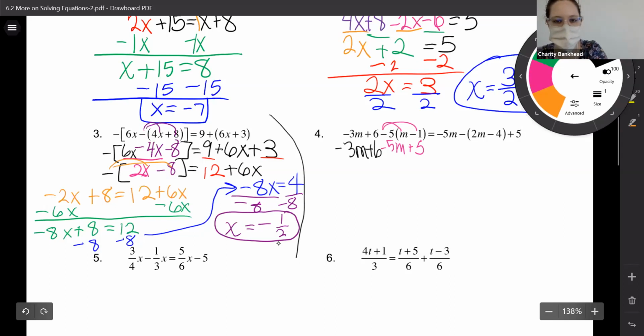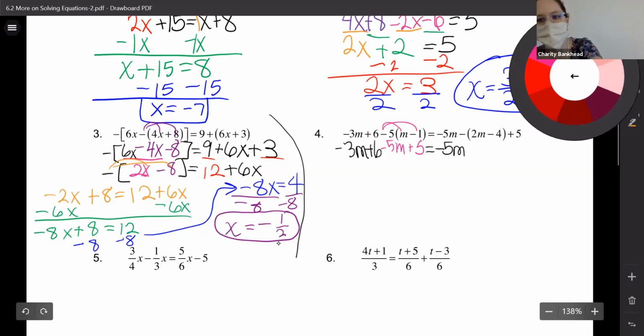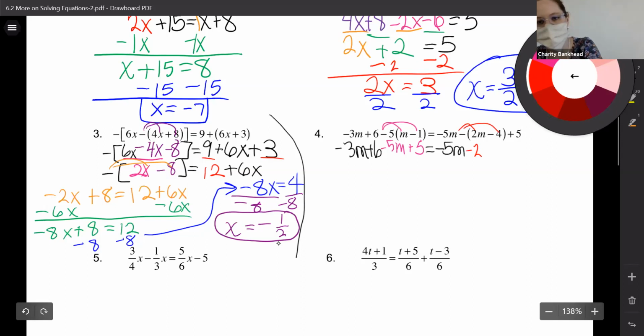So I've got -3m plus 6 minus 5m plus 5 equals, let's see, I'll bring down minus 5m here. And then I'm going to go ahead and distribute that negative. So that's going to make that minus 2m plus 4. And then bring down the plus 5.